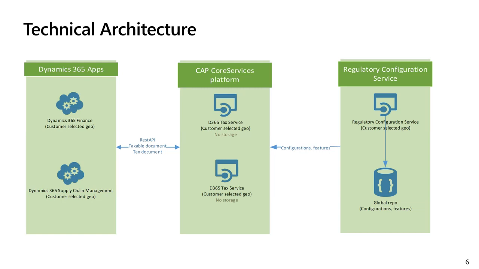It will, of course, communicate with our global repo to get the detailed setup and to determine the tax rate and the tax code, for example. Once it's been calculated, it will return the result to the D365 apps. For this slide, as you can see, I put tax service instance 2 here, but it doesn't mean there are only 2 instances.